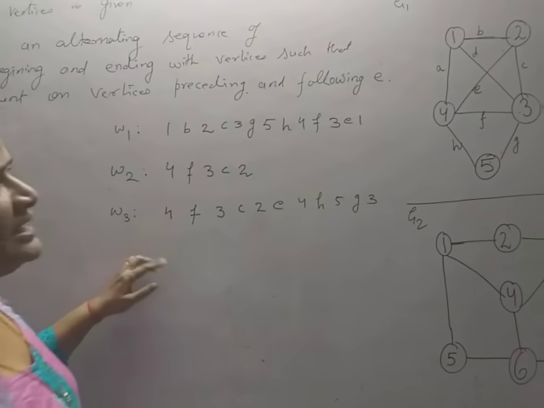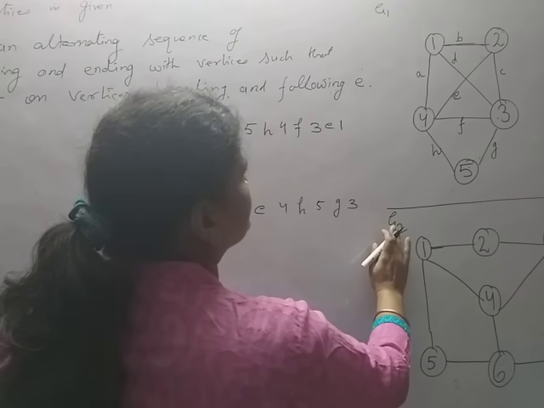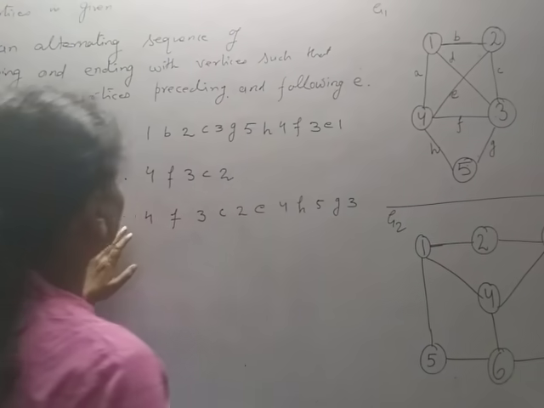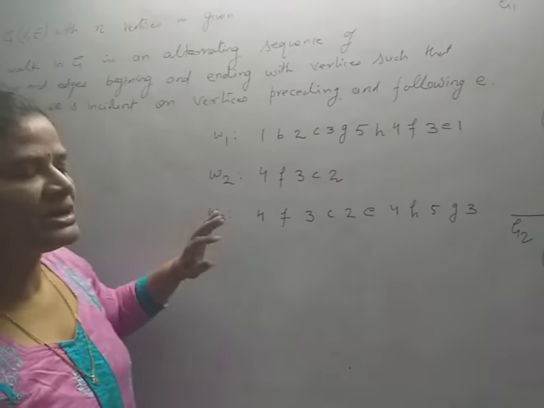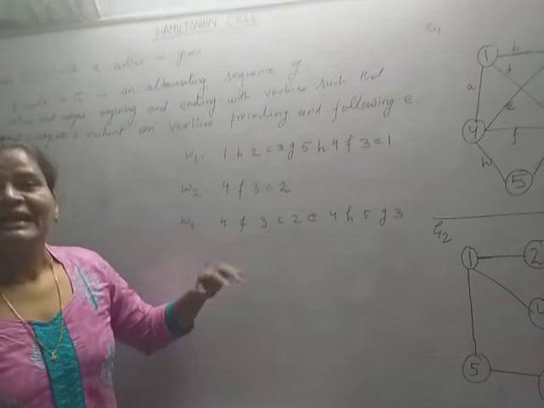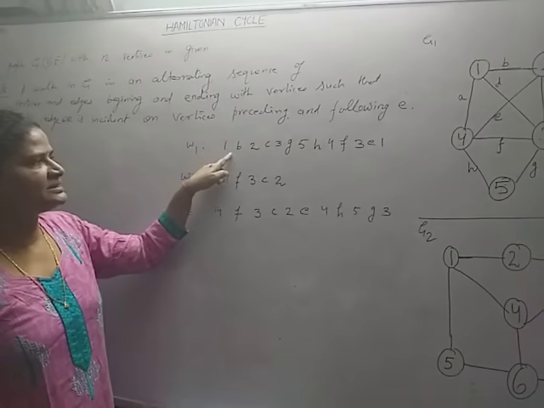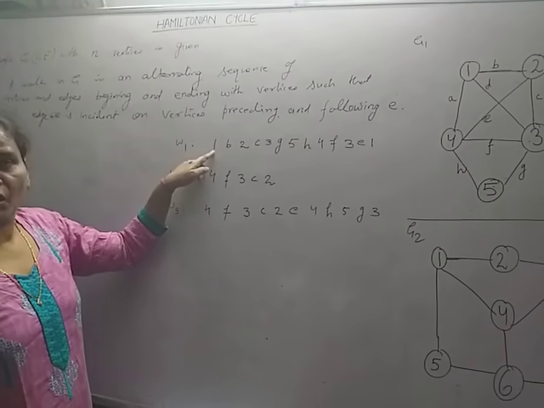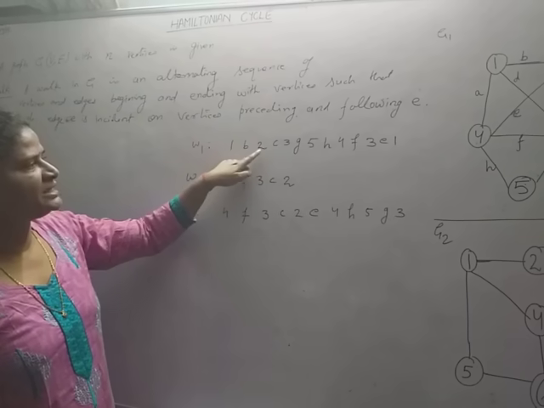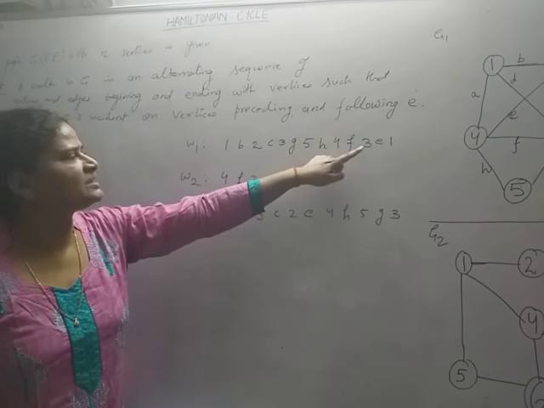In a walk there is no restriction. Restriction means that in a walk an edge can be repeated or a vertex can be repeated. Consider this walk: 1 B 2 C 3 G 5 H 4 F 3 E 1.